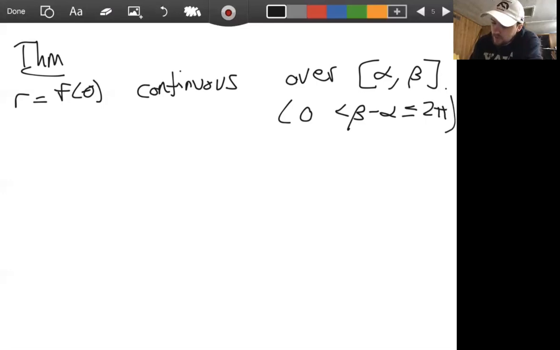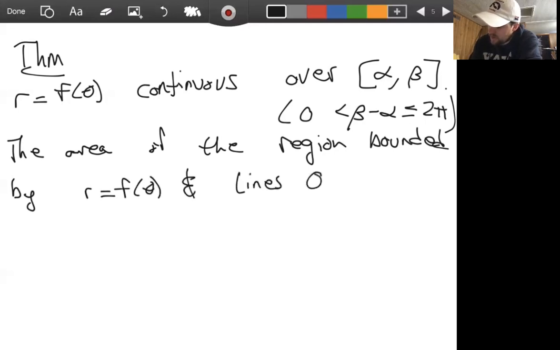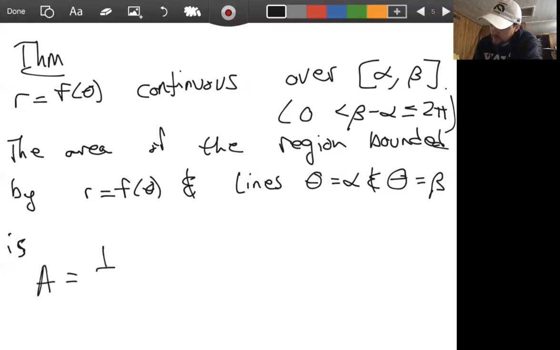Then the area of the region bounded by our function r equals f of theta and the lines theta equals alpha and theta equals beta, the area bounded by these curves, is given by A equals 1/2 the integral from alpha to beta.